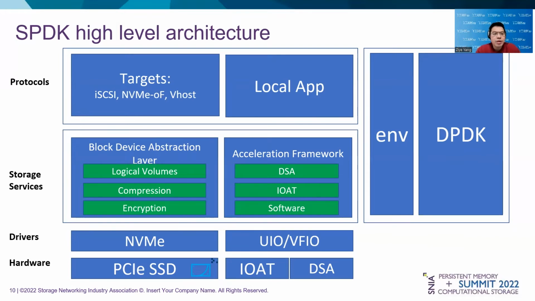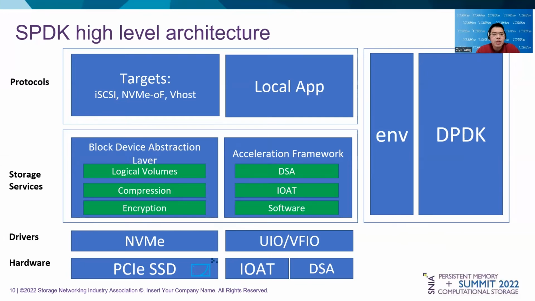In the middle layer, there is a block device abstraction layer. It can support different block devices based on different device types or implementations, and it is similar to the kernel's block device implementation.